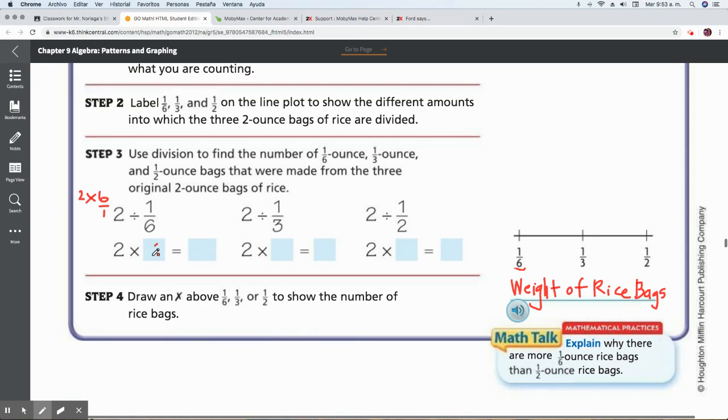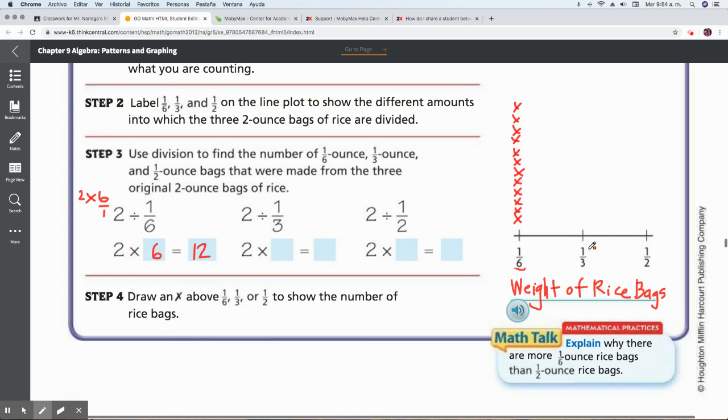What's 2 times 6? 2 times 6 equals 12. So that is the number of bags that belong in 1/6. So we're going to draw 12 X's. 1, 2, 3, 4, 5, 6, 7, 8, 9, 10, 11, 12 X's.